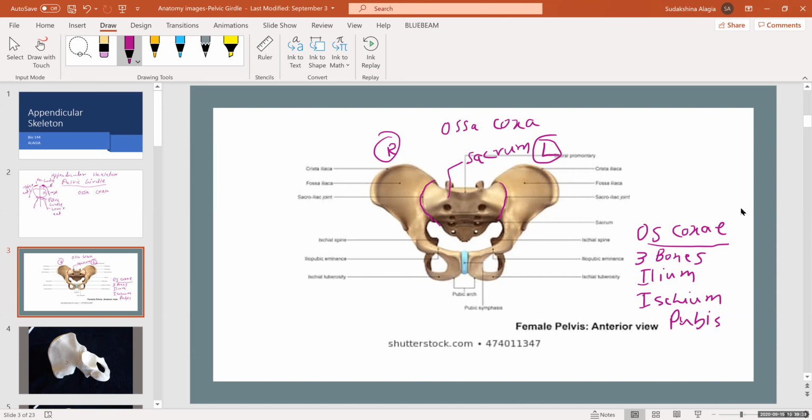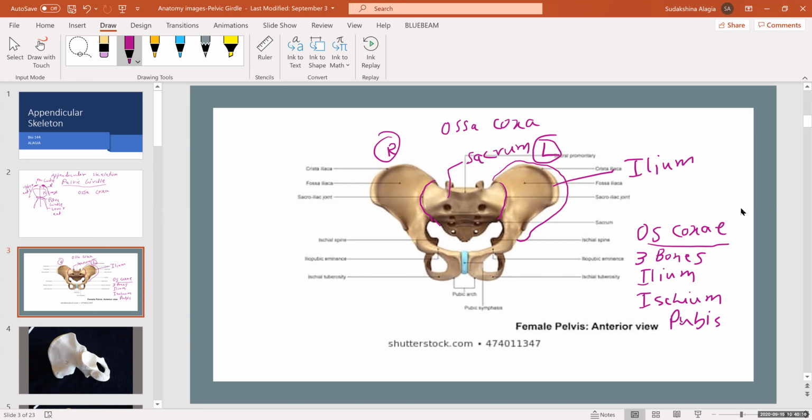Ilium, ischium, pubis. So each os coxae is made of ilium, ischium, pubis. Just by looking at this, which one is ilium, which one is ischium, and which one is pubis? For that, ilium is the largest bone that makes up the superior portion of the os coxae. This is how it articulates with the sacrum.